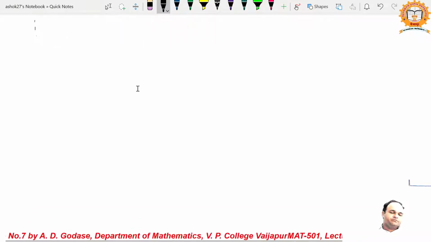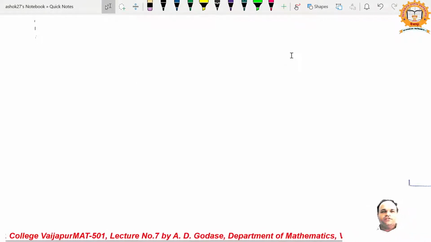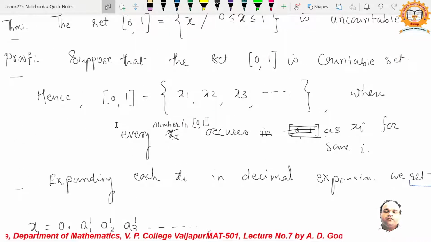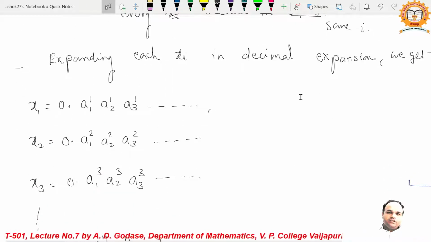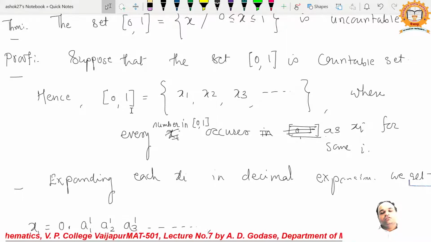Next, I'm forming a number in the closed interval [0, 1] which is different from all these x's, but it is already an element of this closed interval [0, 1].